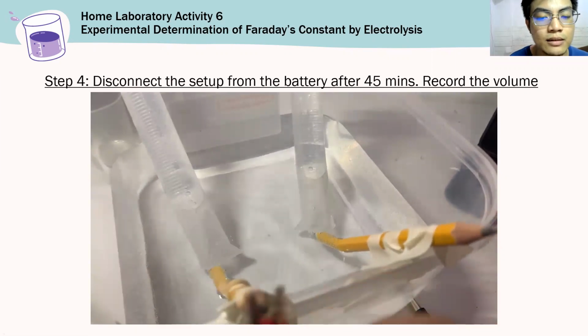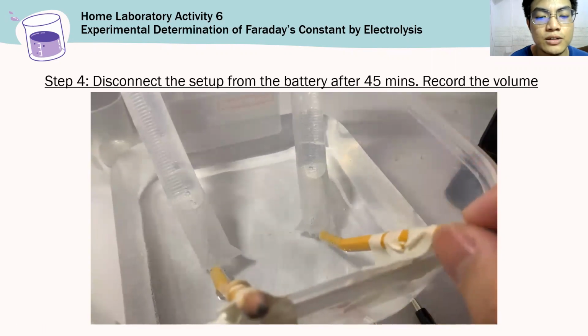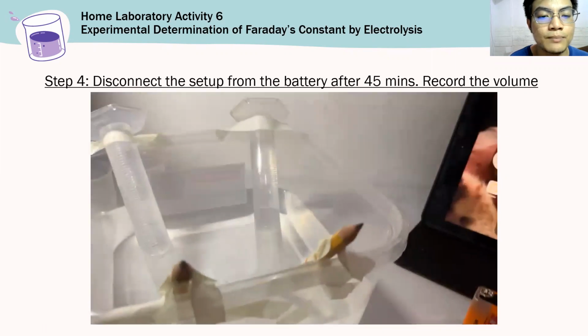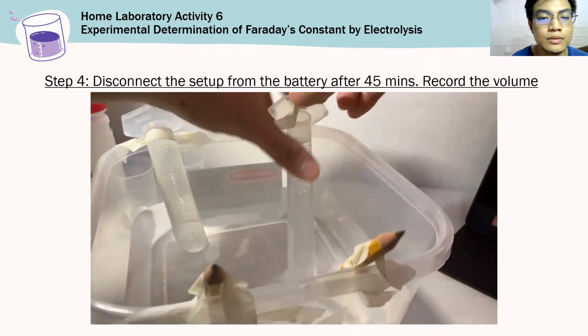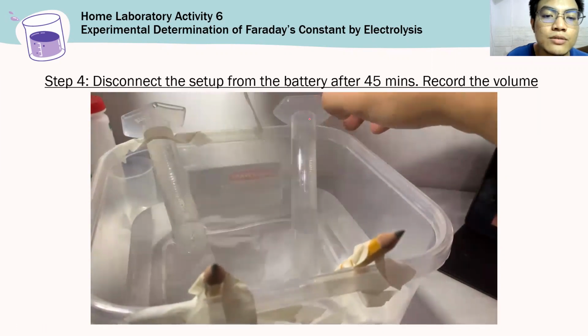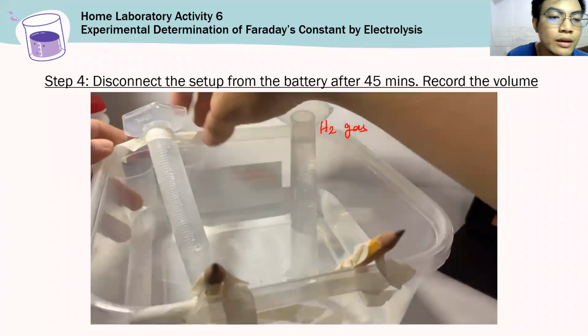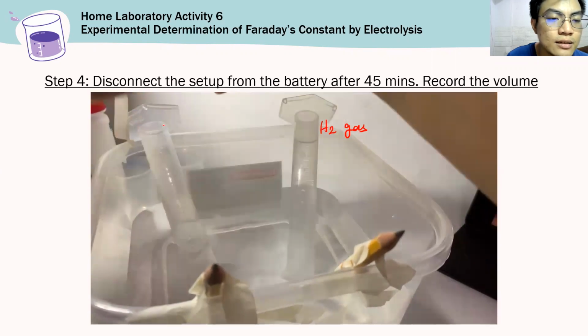Disconnect the battery and make sure that the air bubbles go upwards to your test tubes so you can shake them. As you can see, all those gases are hydrogen gas. While here, you have some amount of oxygen gas.